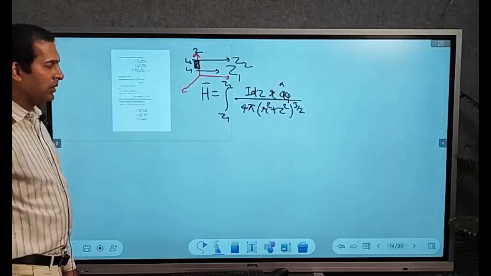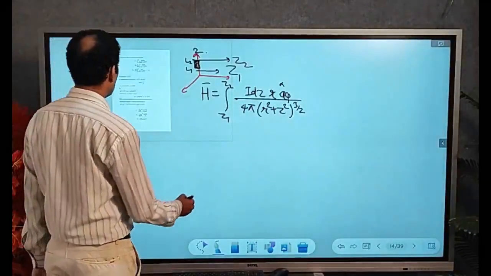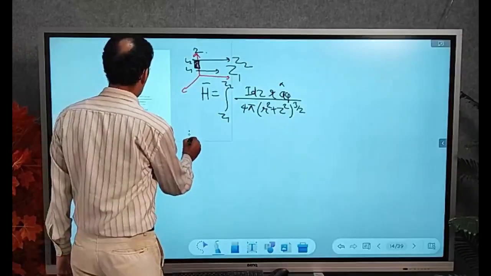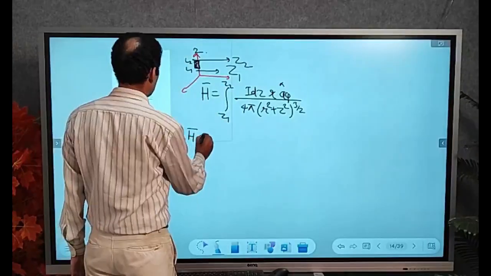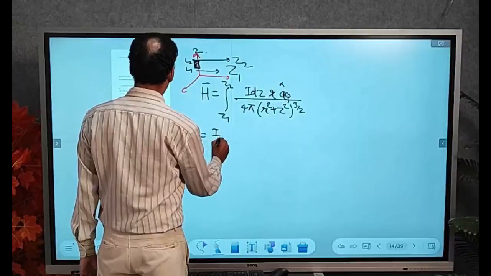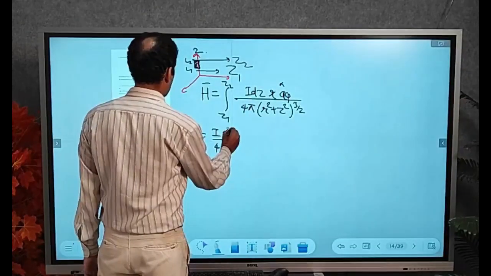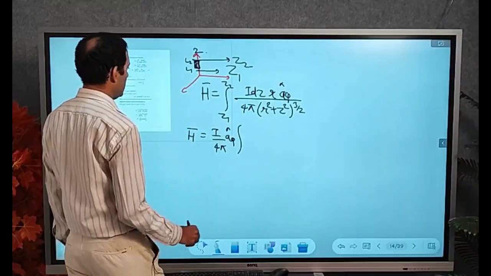Now let us take out the constants. The current I is constant here, so we'll take out I by 4 pi and this a phi cap.